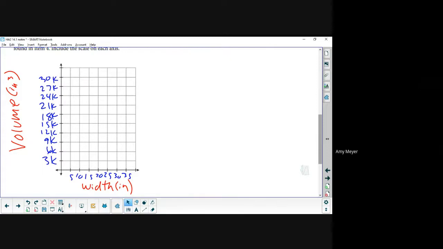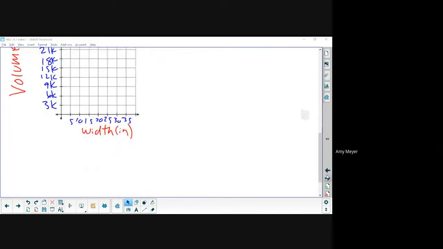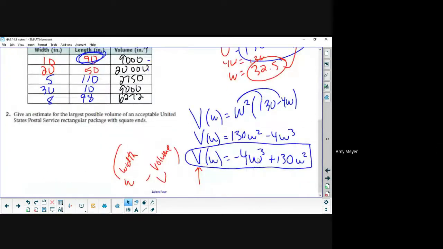All right, I will allow the calculator to do the rest of the work. So you're going to grab your graphing calculator and put this function into it. Now you can't type W, which is fine, just X is good. So negative 4x cubed. Use the caret button, which is above the divide.